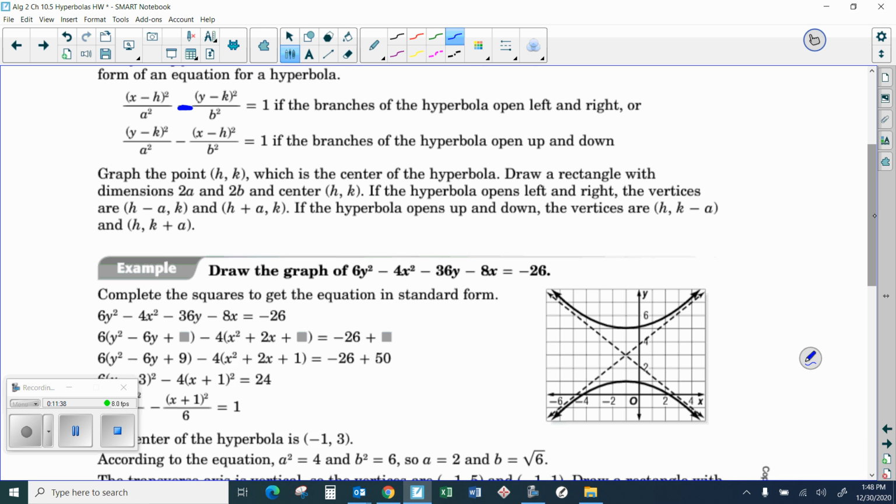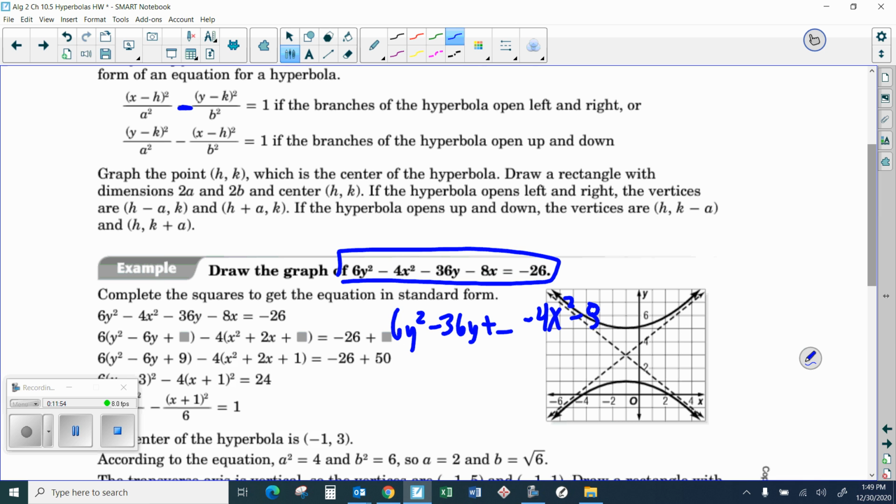So put the x's together and the y's together. The order doesn't matter. They want to put y squared first. That's fine. 6y squared minus 36y plus blank, and then I got minus 4x squared minus 8x plus blank equals negative 26. So I know to put the 6y squared as opposed to x squared because they have a minus sign. So factor out the 6.